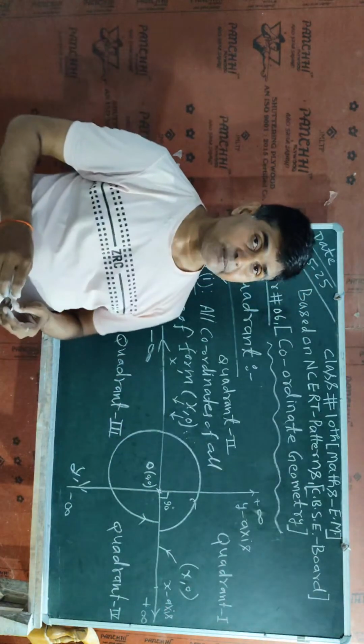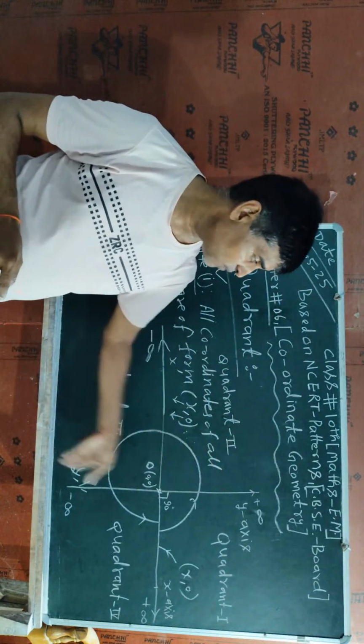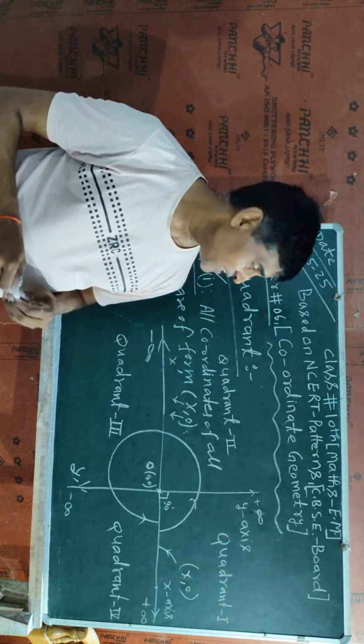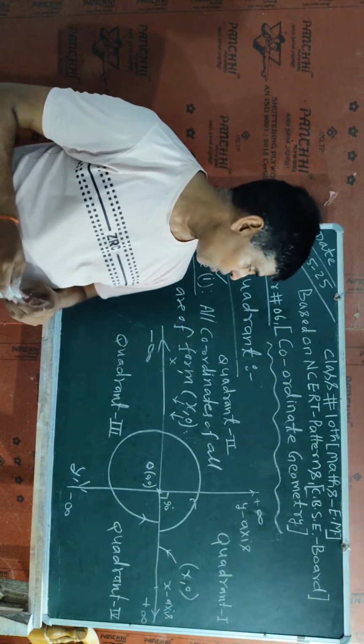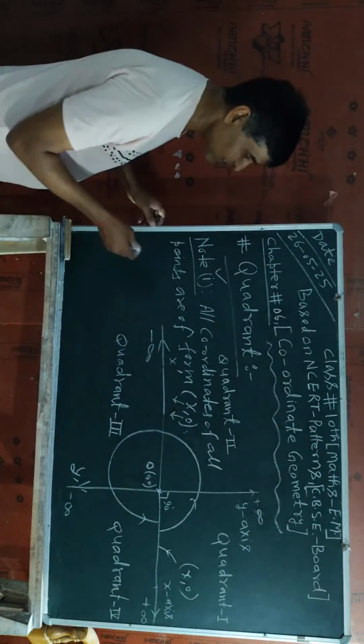Similarly, I will say all coordinates of all points on the y-axis are of the form 0 comma y. After writing, I will explain.